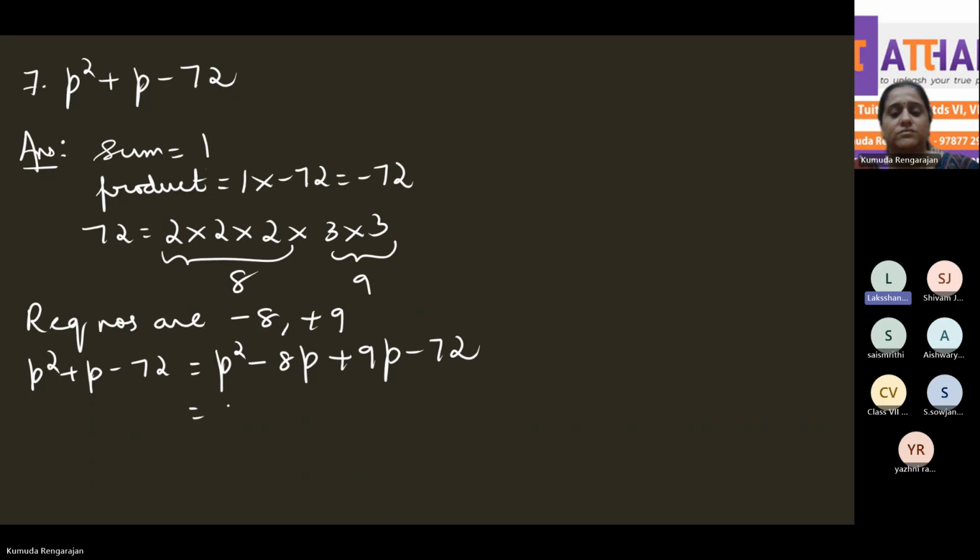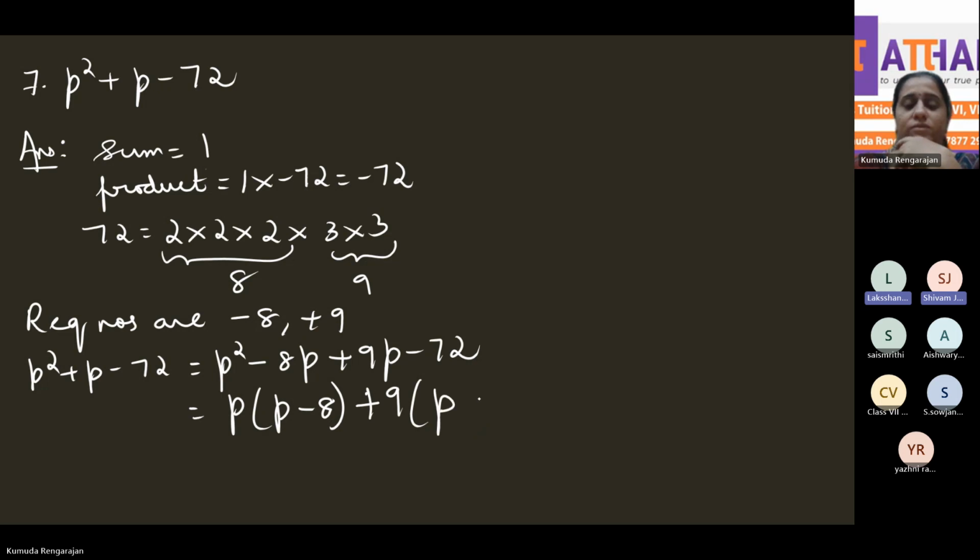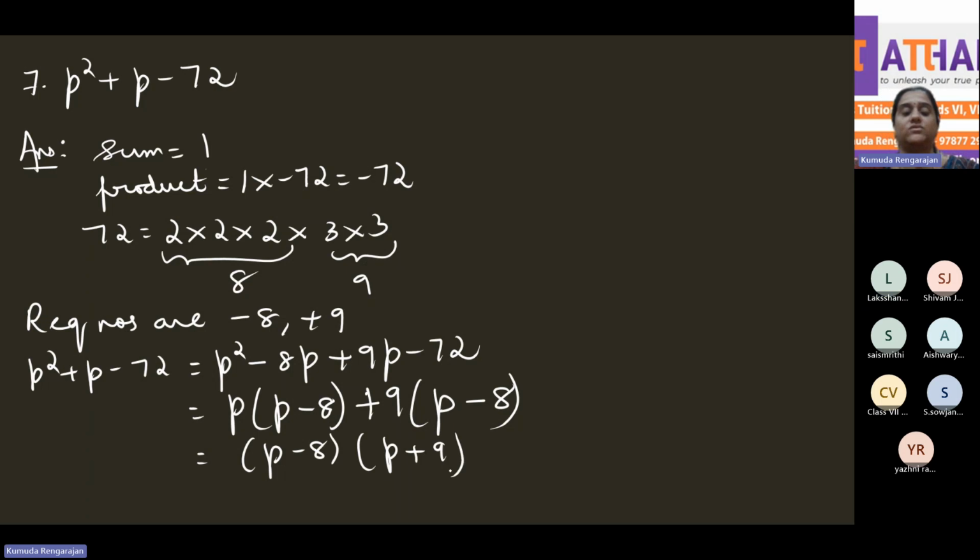So it is p into p minus 8, sorry, minus 8, plus 9 into p minus 8. Very good. So it's p minus 8 into p plus 9. Very good, Lakshana. Thank you so much for making the last part of the class interesting.